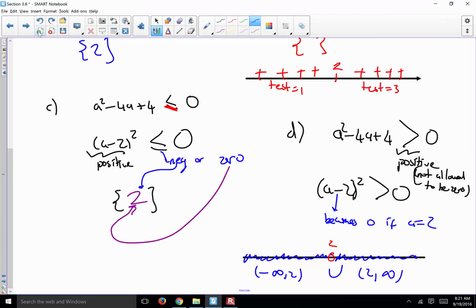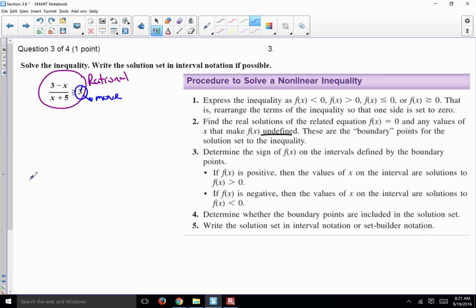Alright. In the next half of today's class, we're going to take a look at ratio expressions, so rational expressions. Ratios are involved now. How do we attack these questions? First off, we need to bring the right side to 0. It's a must. Step 1, if you don't see 0 on the right side, get that 0.